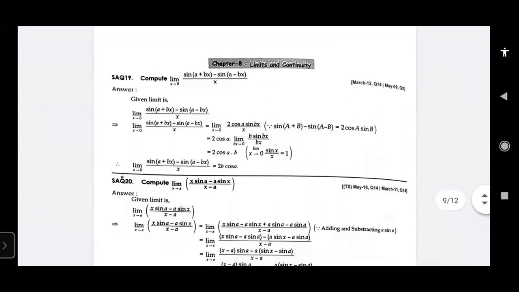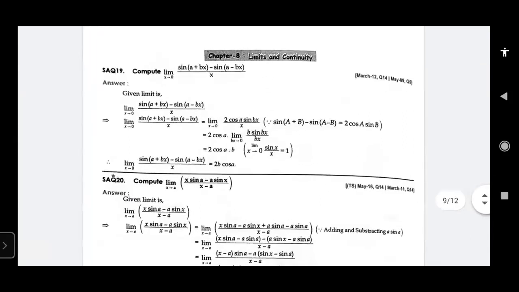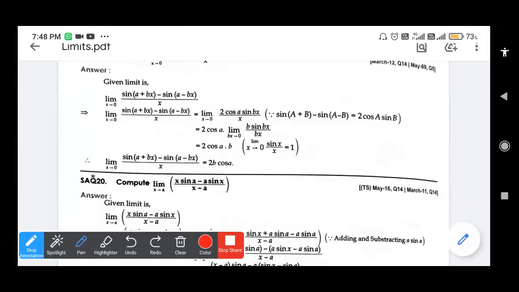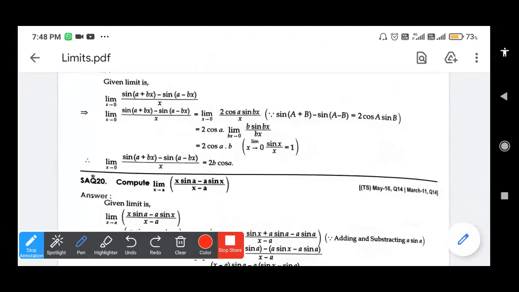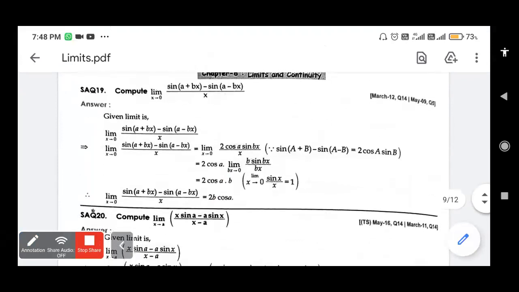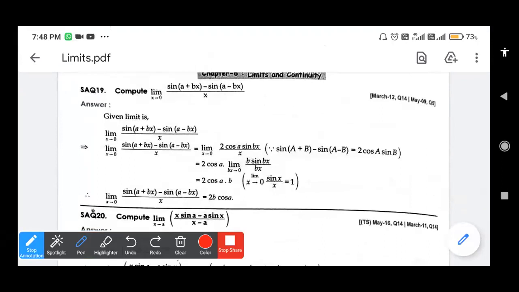Now for 4 marks. Limit x tends to 0 of sine a plus bx minus sine a minus bx by x.